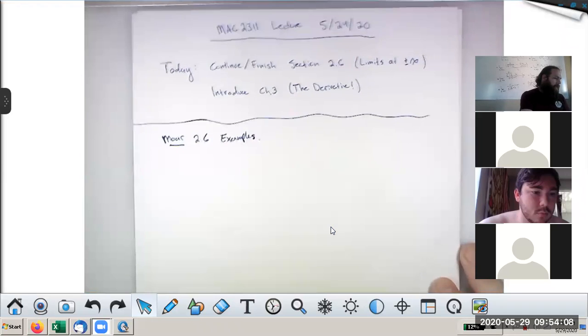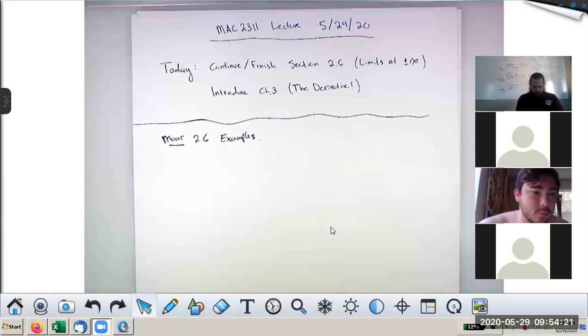I think last time we left off with a limit at plus infinity of a function that I told you I was going to examine at minus infinity also. I remember, I think it was the square root of 2x squared plus 1 all over x.